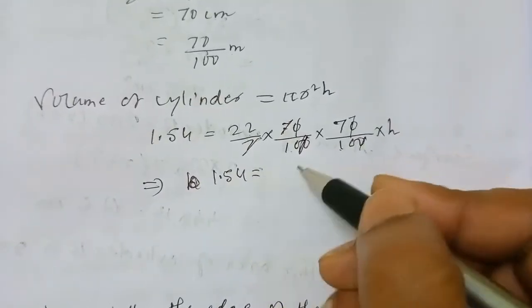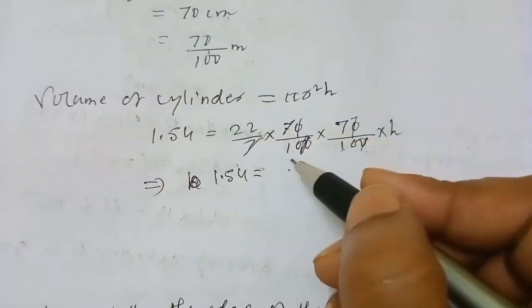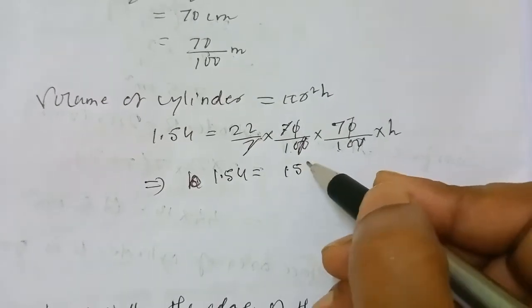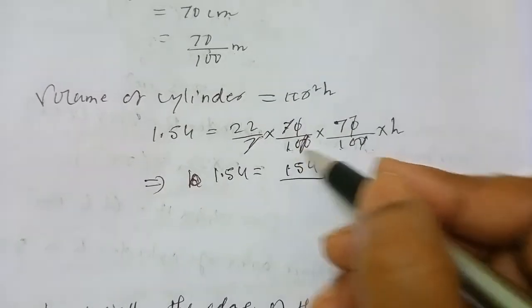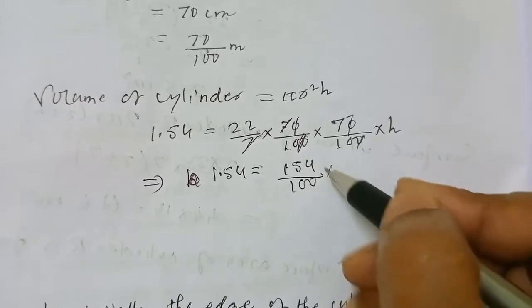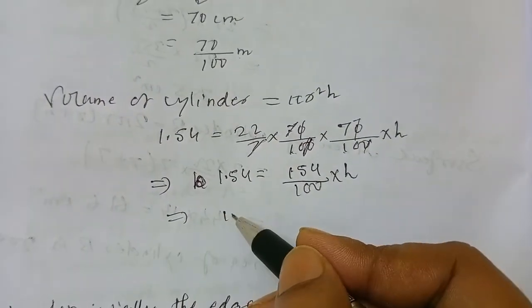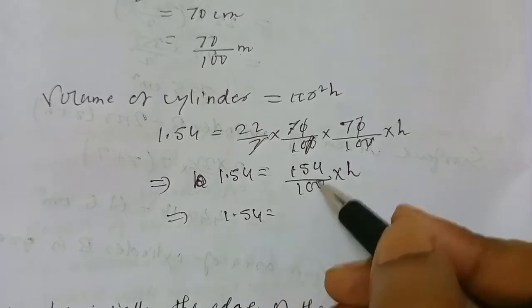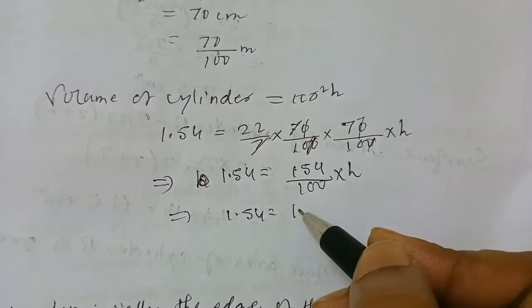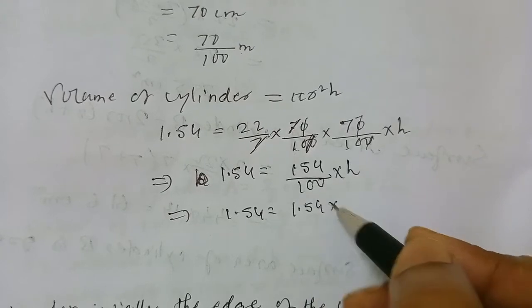154 equal to 22 into 7 is 154 by 10 into 10 is 100 into h. Okay. So this again, 154 equal to 154 by 100 is again 1.54 into h.